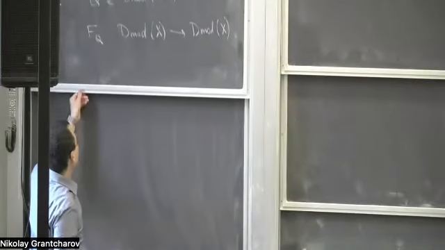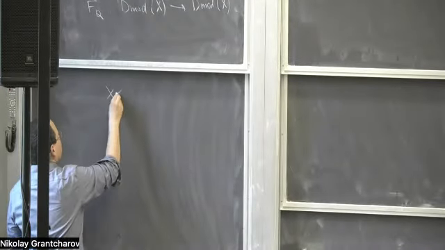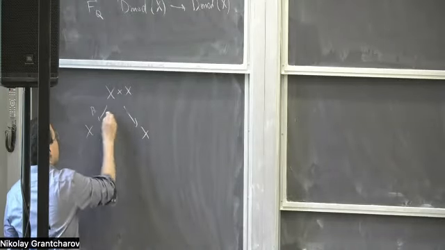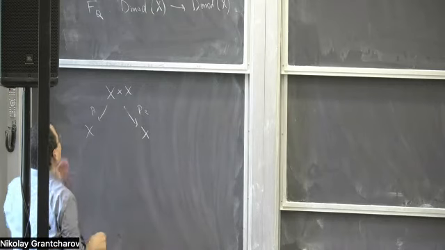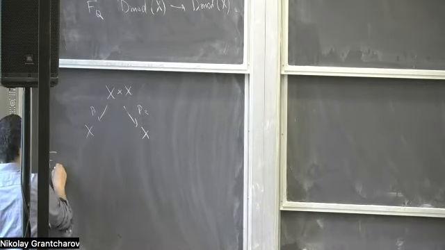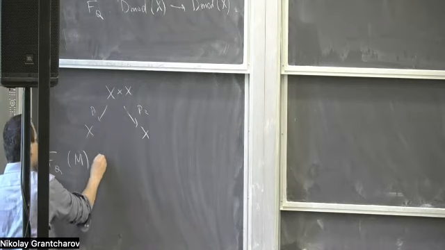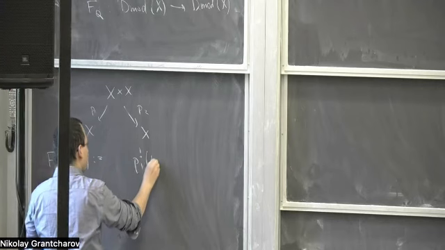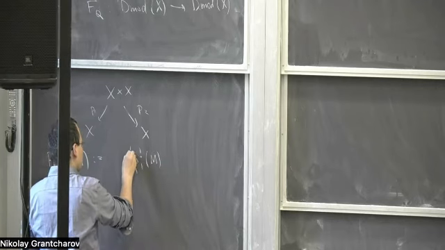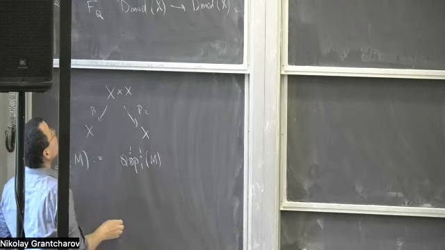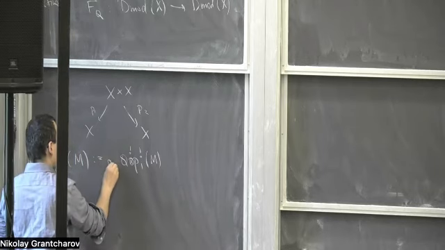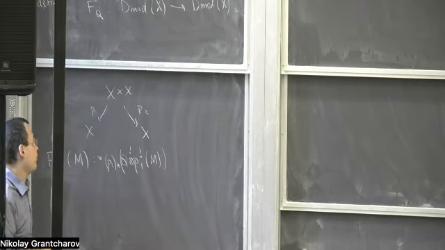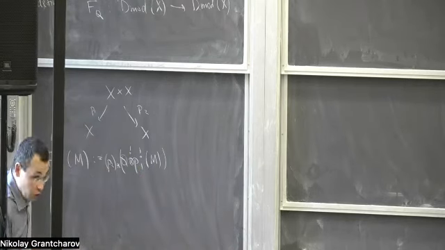Namely, we consider our favorite correspondence, first projection, second projection, and we define this functor: you pull back the D module, you tensor it with Q, and you push forward with respect to the second projection. So it's like an integral kernel.